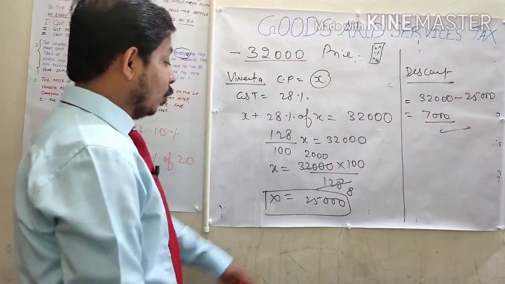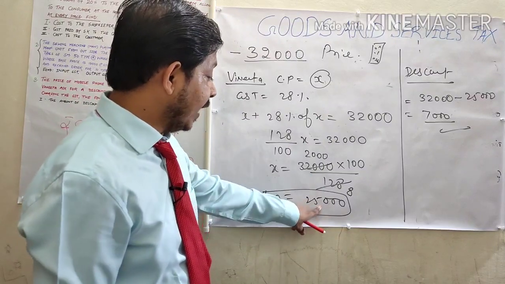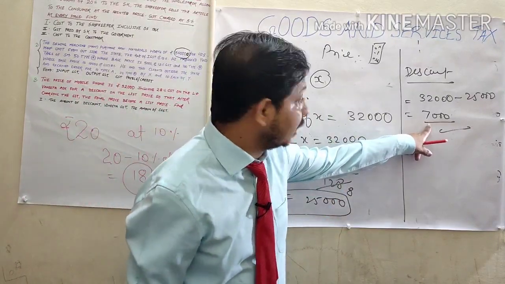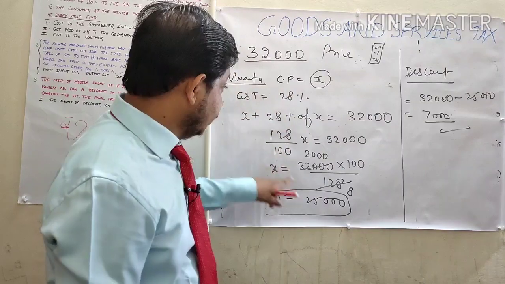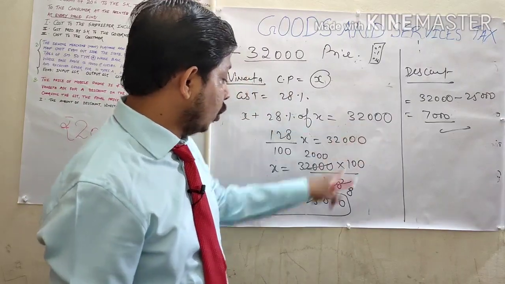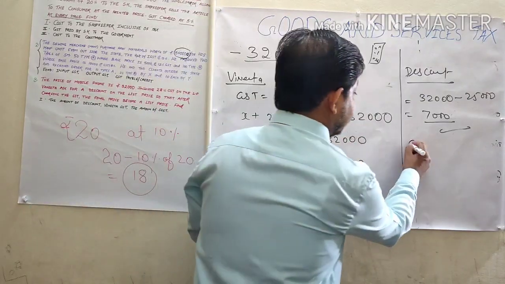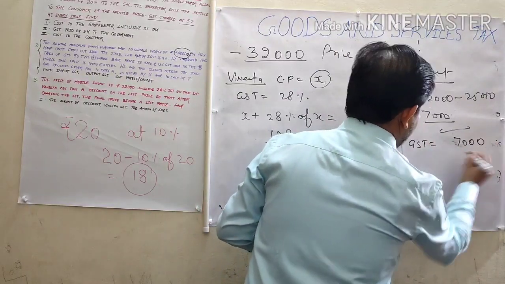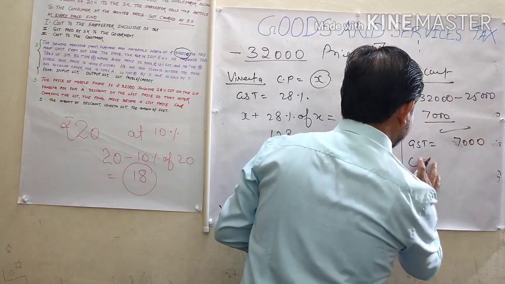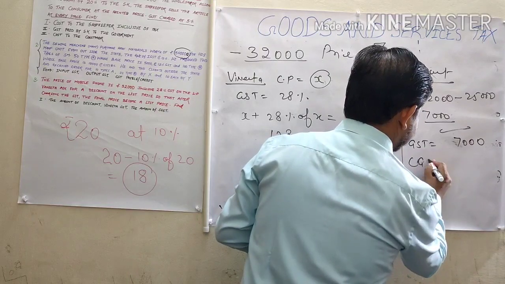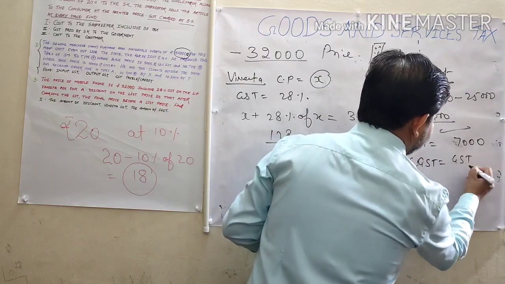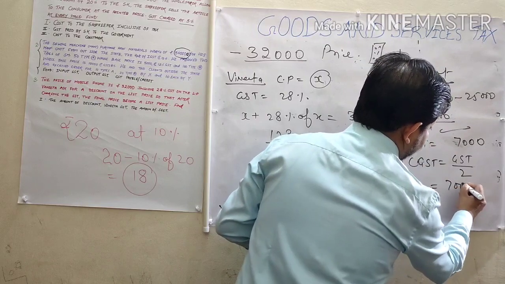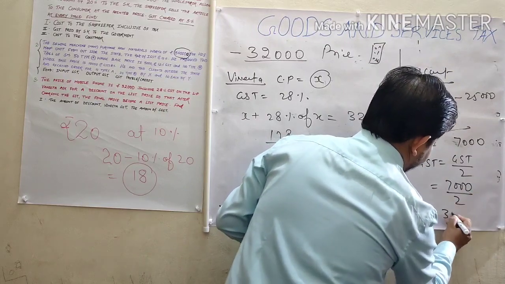Then how much GST? GST total is 32,000, cost price is 25,000, so GST is equal to 7,000. What is CGST? This is 7,000 by 2, 3,500.